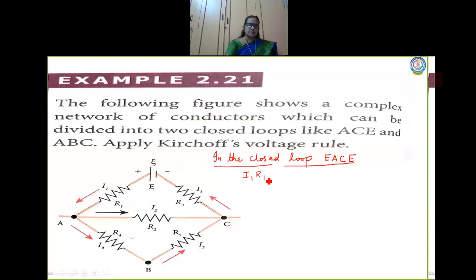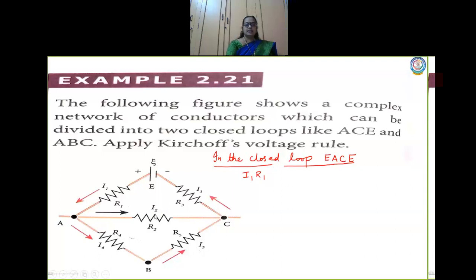So positive, it starts from positive. So I1 R1. Then again it turns here. Again the direction of current and my direction are the same. It passes through the resistor whose resistance value is R2. Is it clear? So what is the product of current and resistance here? This should be I2 R2.